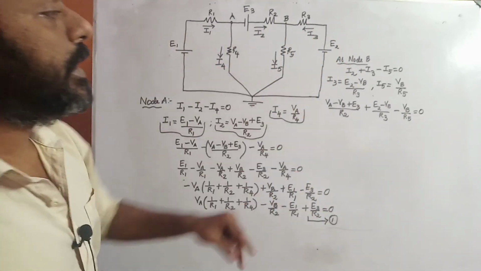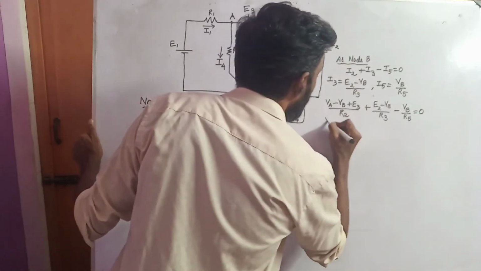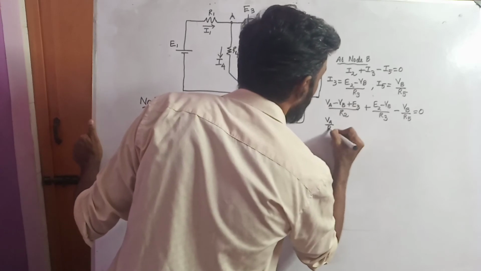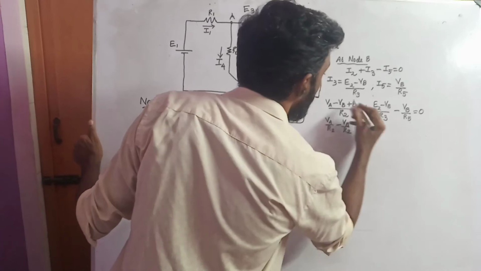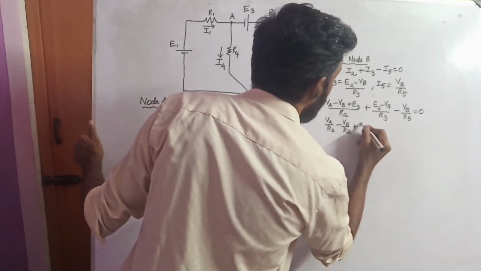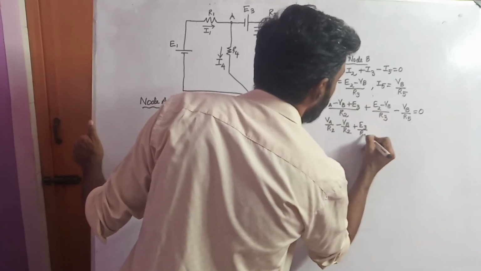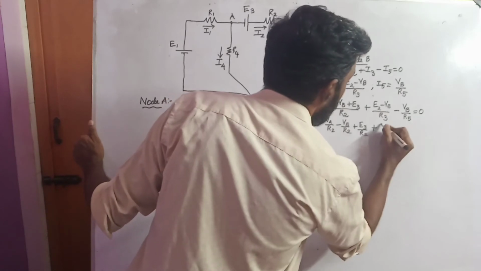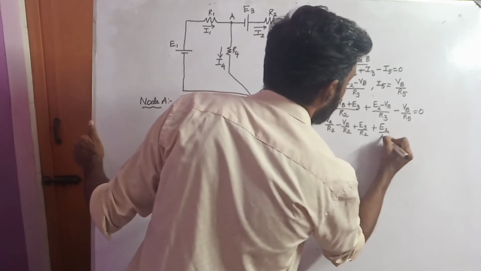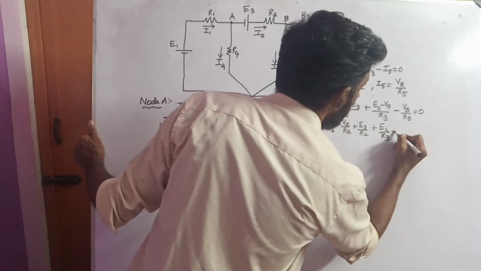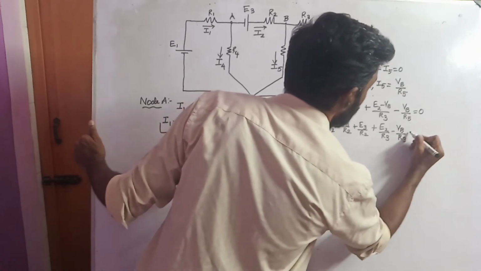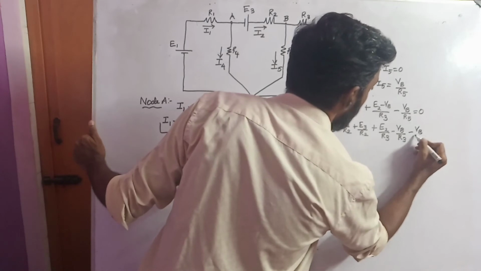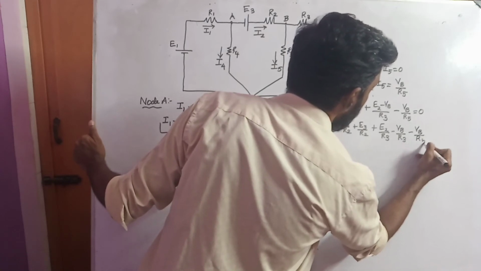So now we need to split the terms. So it will become VA by R2 minus VB by R2 plus E3 by R2 plus E2 by R3 minus VB by R3 minus VB by R5 equal to 0.